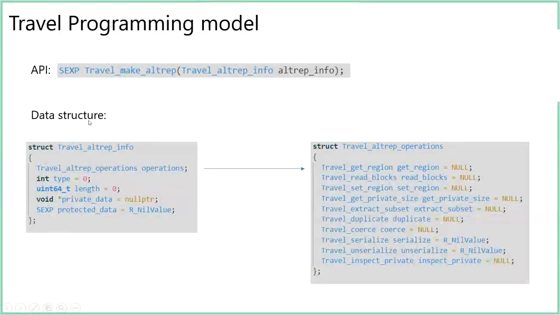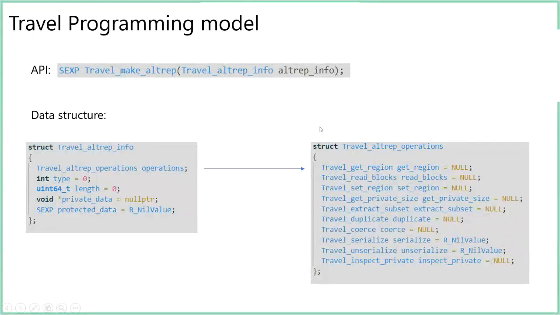And here's the data structure for the ALTREP info. You define the operations for the ALTREP, which define the behavior of the ALTREP, and the type of the ALTREP, like integer or numeric, and the length of the ALTREP. I'm not going to cover these two members.